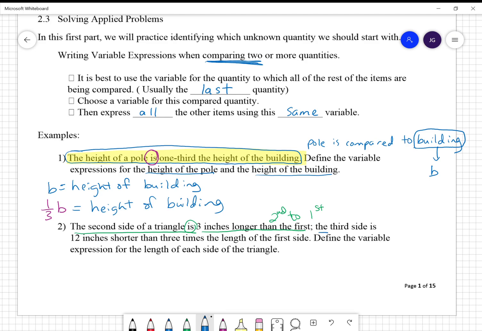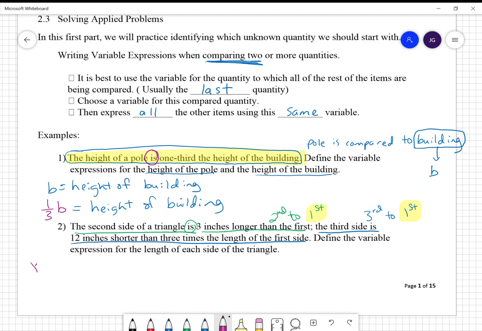And then it says the third side is 12 inches shorter than 3 times the length of the first side. So I'm comparing third to first. Since both of them are being compared to the first, the first side is my variable. I'll just use X. I don't like to use S because my S's look like 5s.